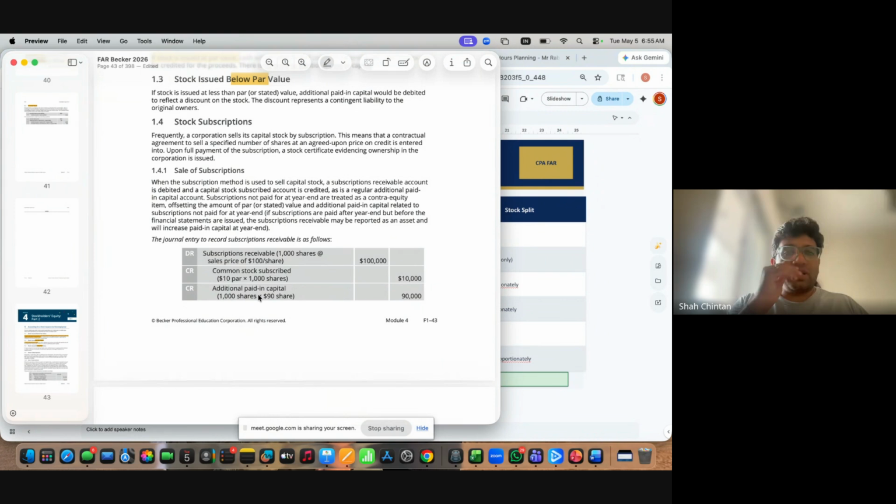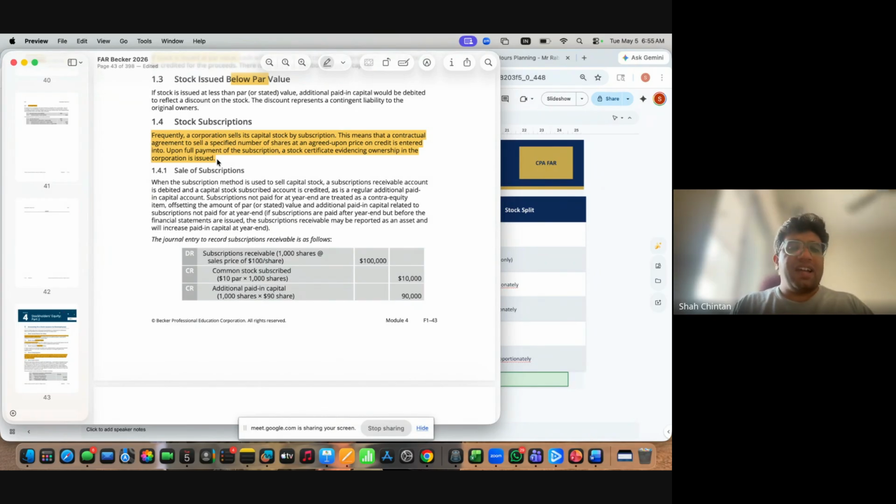Next one is a stock subscription. So sometimes what happens कि जब आप अपने equity share issue करते हो, you don't ask for the 100% money upfront. Rather, you give them a subscription model where, let's say, a shareholder can pay in 2 installments, 3 installments, 5 installments, as the case may be. So it is called a stock subscription.